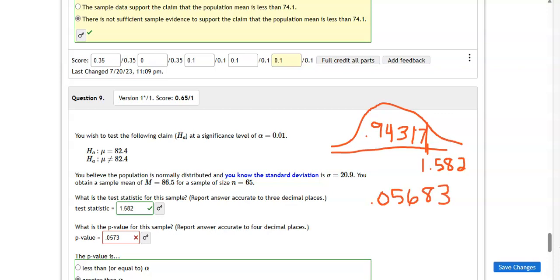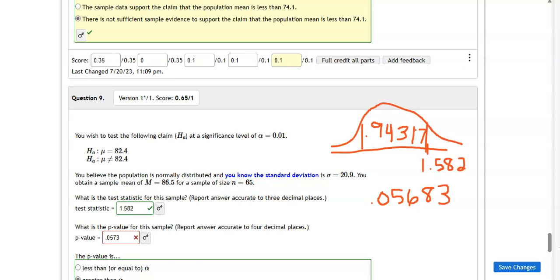All right, so I've got that, but because this is a two-tailed test, since it's not equal to, there's another tail over symmetrically on this side right here. So we know that this area right here is 0.056825, but there's another area over here that's also part of our rejection region, and we have to take that into account as well. So in other words, we've got to double this p-value.